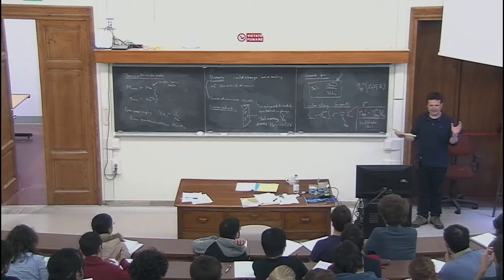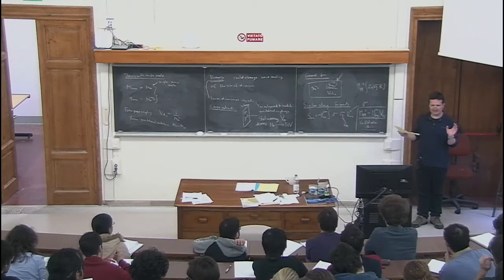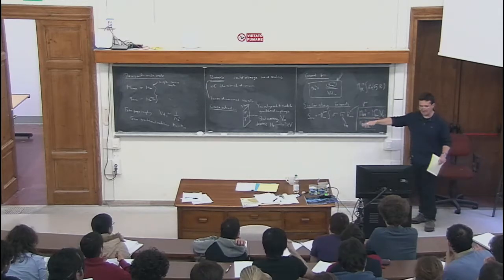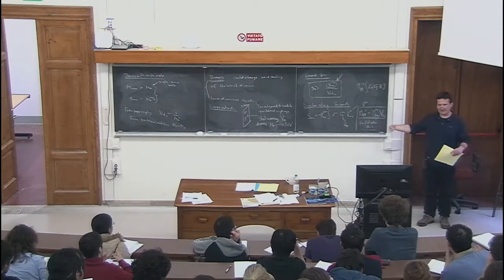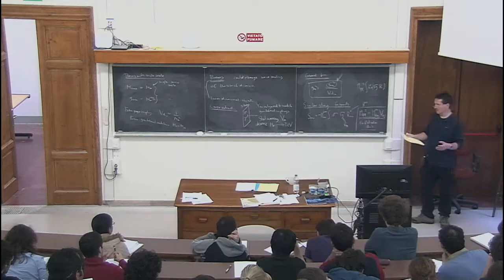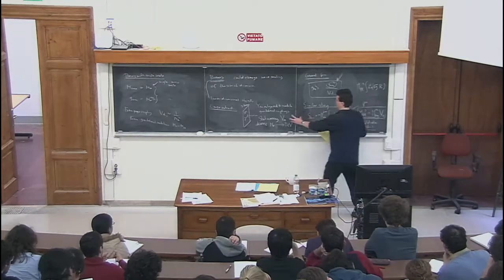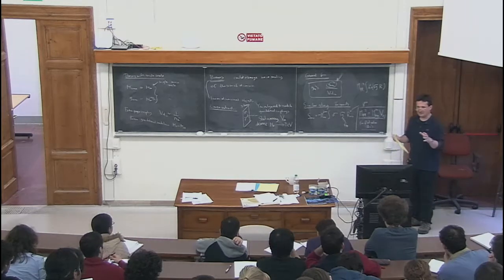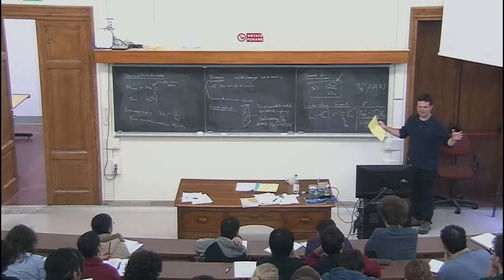Because then I could declare that actually that's the only fundamental scale in my theory, and M Planck is actually not really a fundamental scale. It's sort of a mirage. It's just because I have these very large extra dimensions around, and this large extra dimension is going to dilute the strength of the gravitational interactions when I look at long distances.